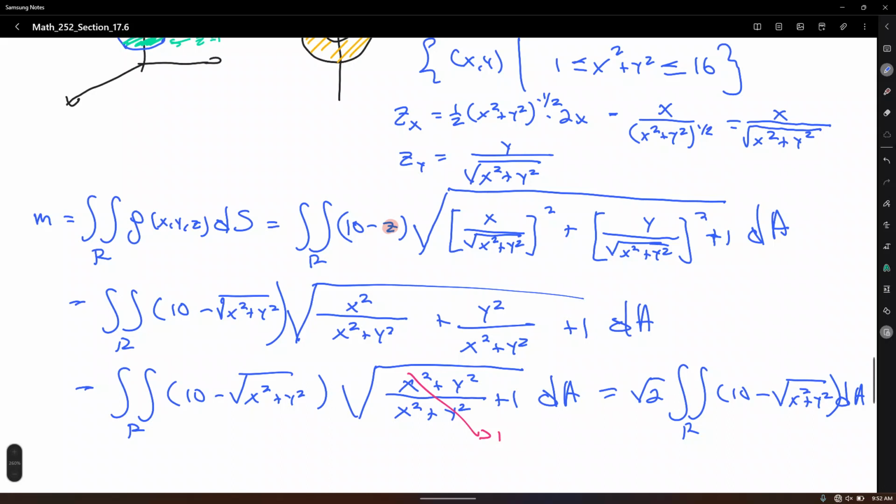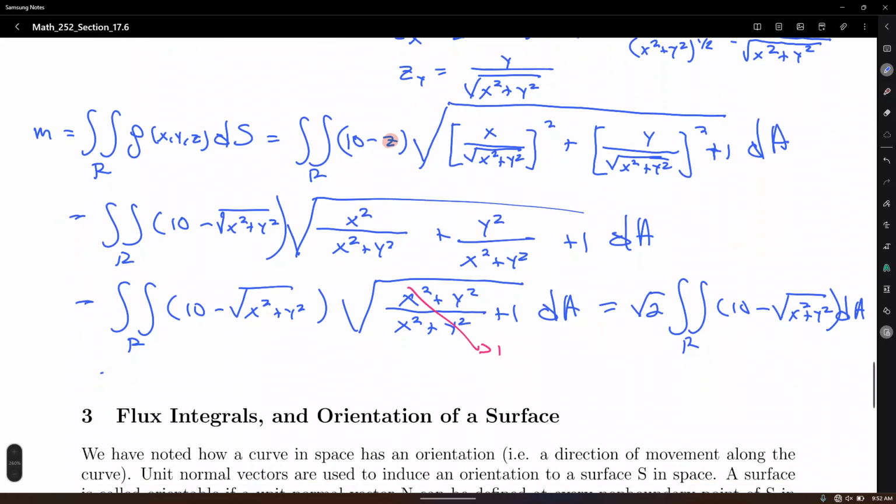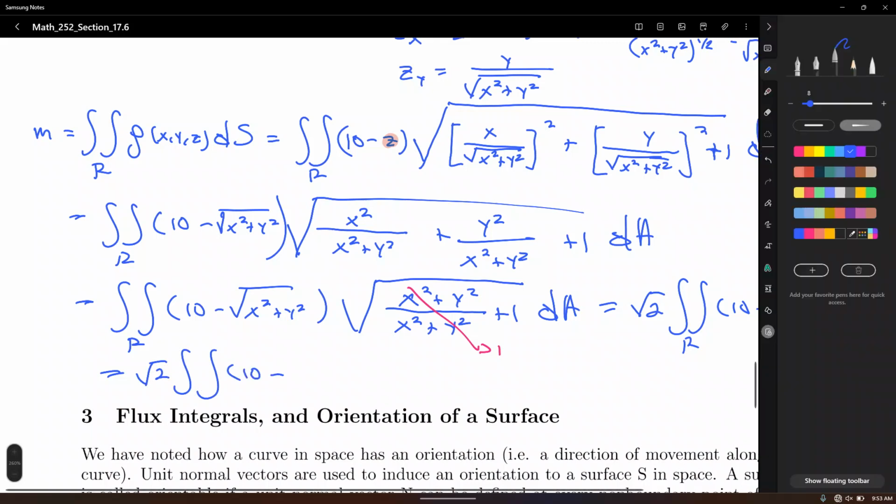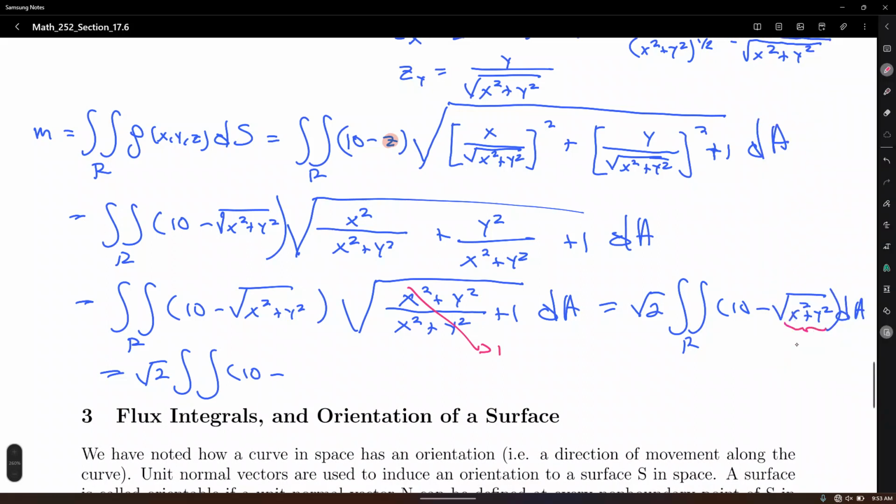Polar coordinates. So that equals the square root of 2 times the double integral of 10 minus, again, let me go one step back. This is r squared. But what is the square root of r squared? R, just r, right?